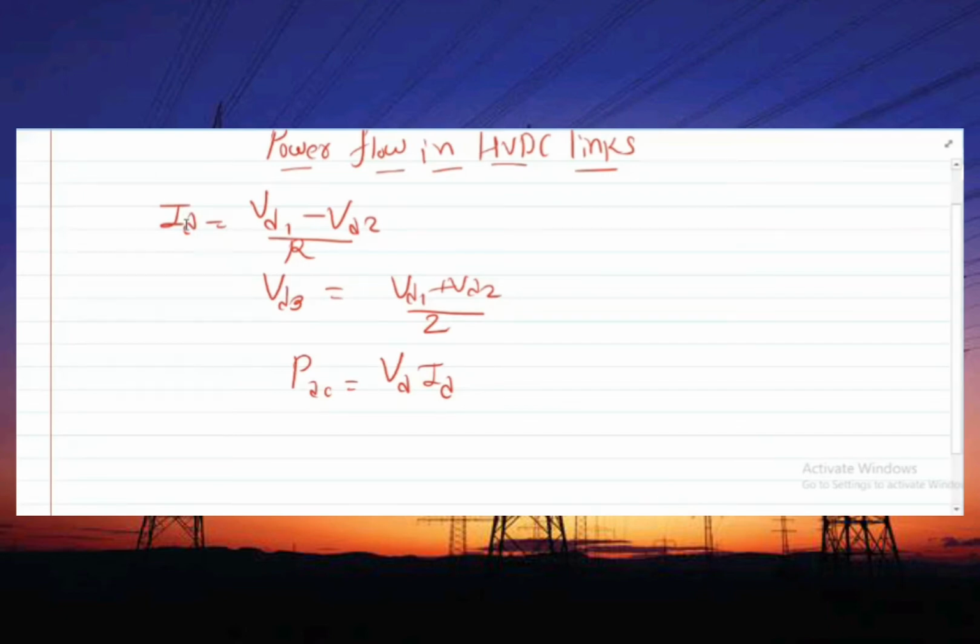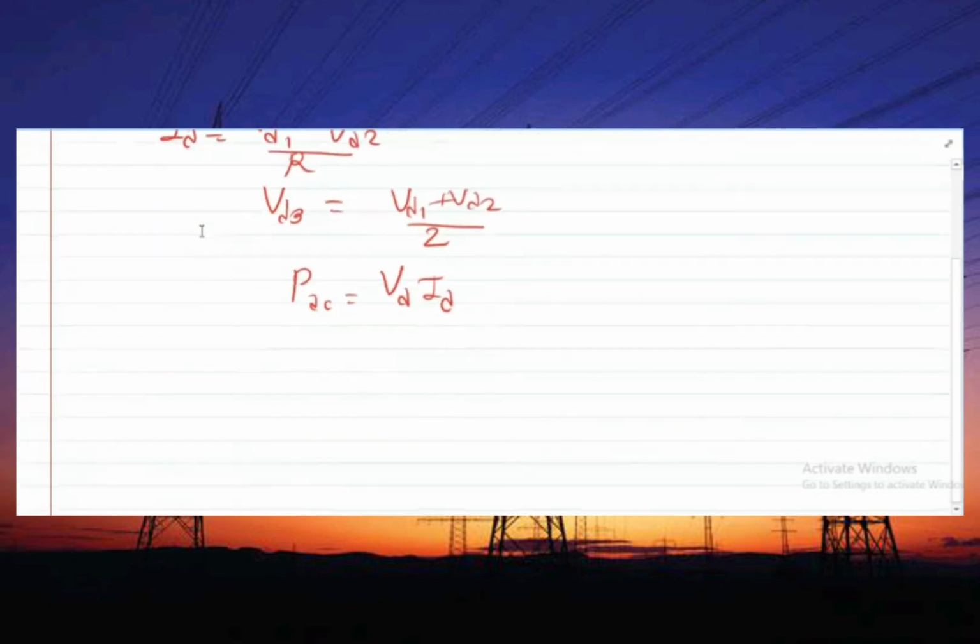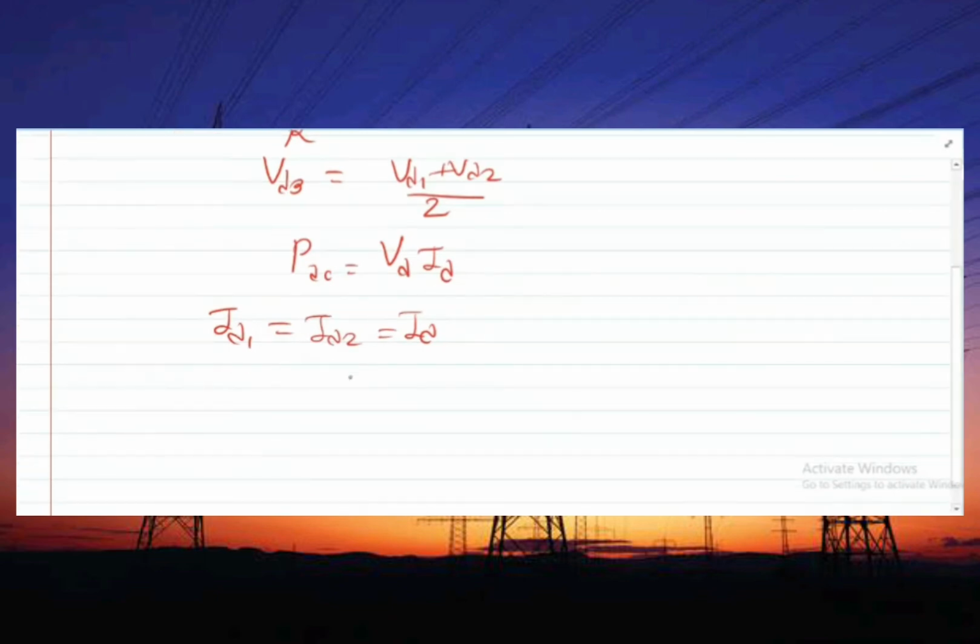The current through the rectifier and the inverter must be the same, and therefore we can write ID1 is equal to ID2 is equal to ID, where ID1 is the rectifier current and ID2 is the inverter current. So the power at the rectifier end is denoted by PD1, which is equal to VD1 into ID.